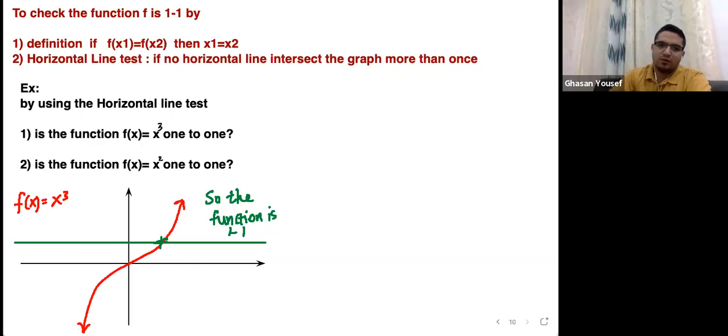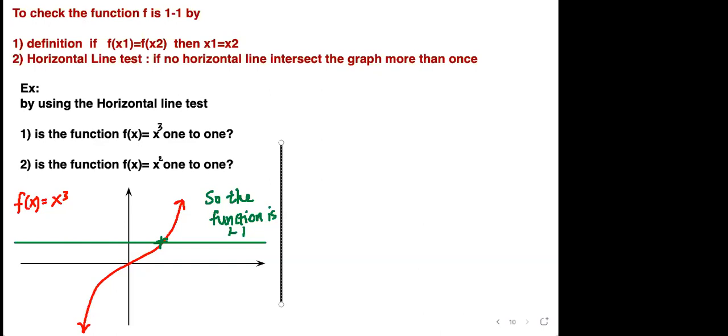Who will do the second one? What is the graph of the function x squared? The function x squared would look like a parabola. Yes, correct.